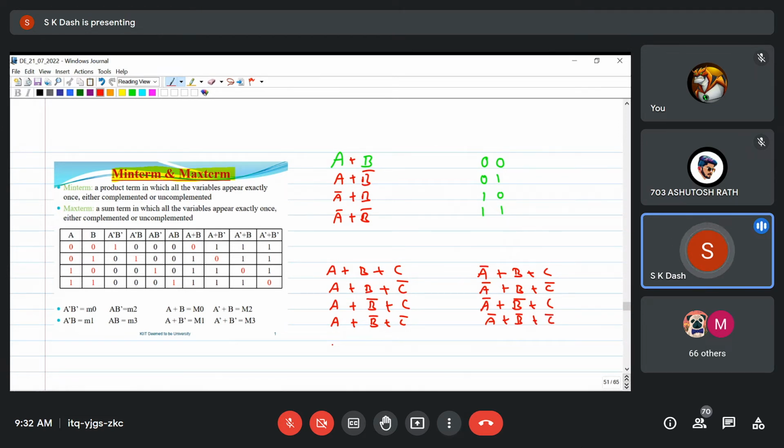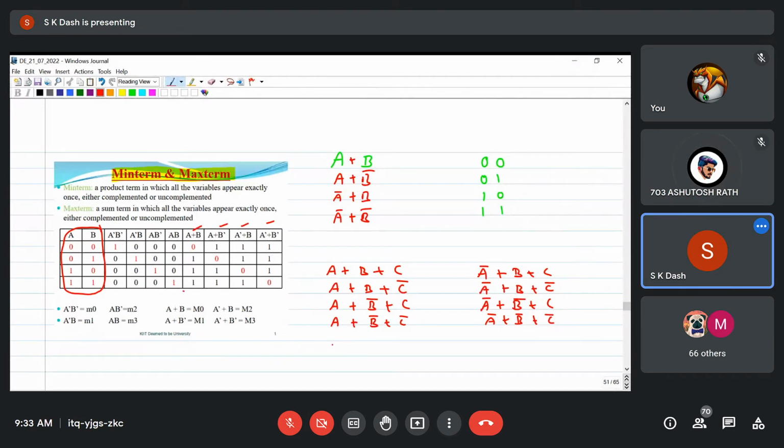Now check this. In this table, A and B are there and all the sum terms are calculated. So what is A plus B? This will be 0, 1, 1, 1. A plus B bar: 1, 0, 1, 1. A bar plus B: 1, 1, 0, 1. A bar plus B bar: 1, 1, 1, 0. Is it correct? Verify first.